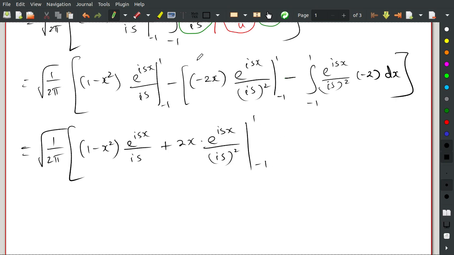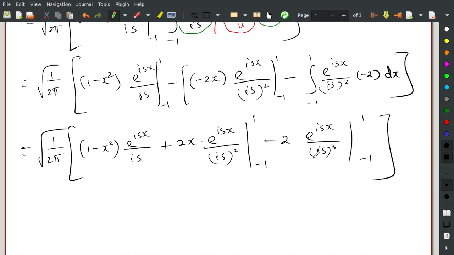This minus and this minus become positive, and we have a 2 here. We can take that outside, and if we integrate integral minus 1 to 1 of e power isx dx, we will end up with e power isx divided by is the whole cube. This runs from minus 1 to 1.